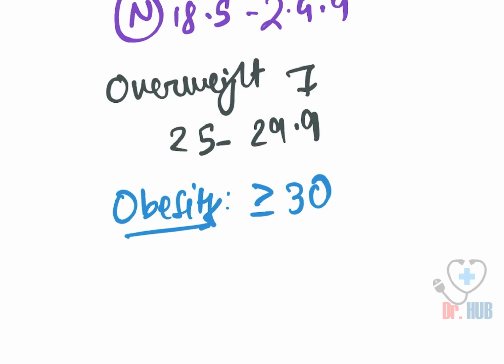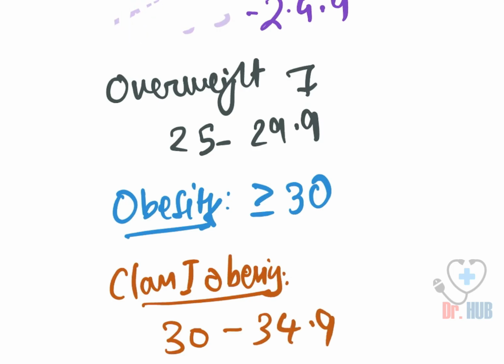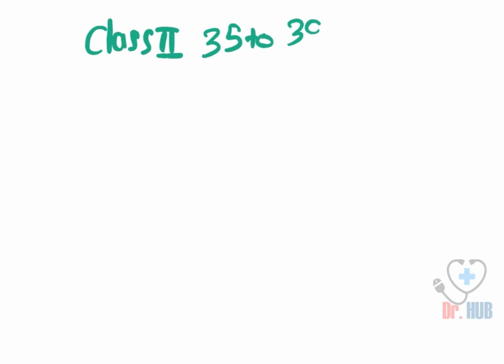Now we have class 1 obesity, which is about 30 to 34.9. After class 1, we move on to class 2, which is 35 to 39.9.